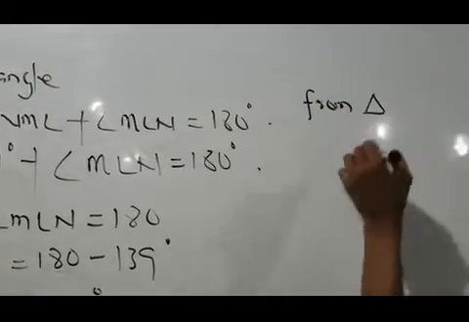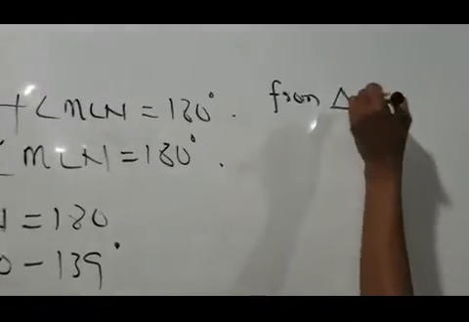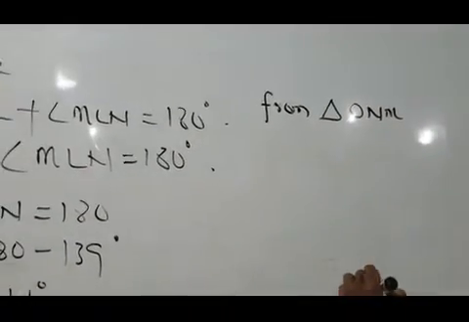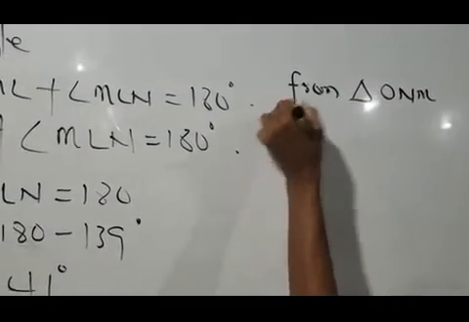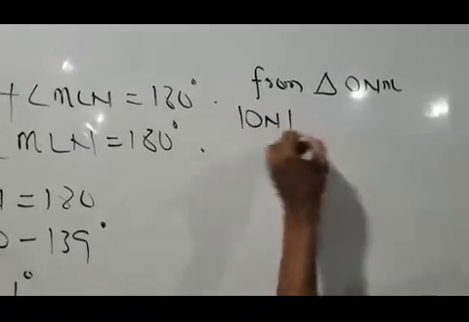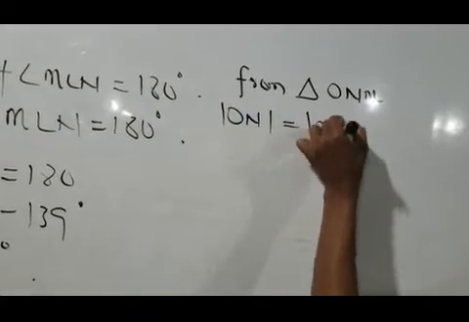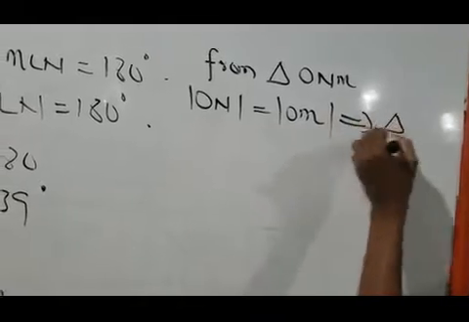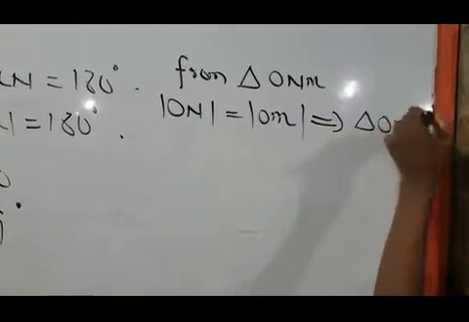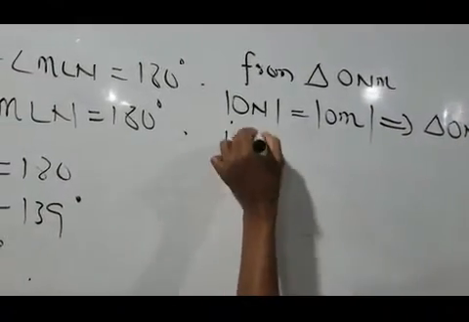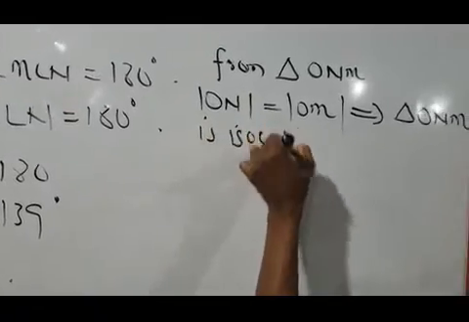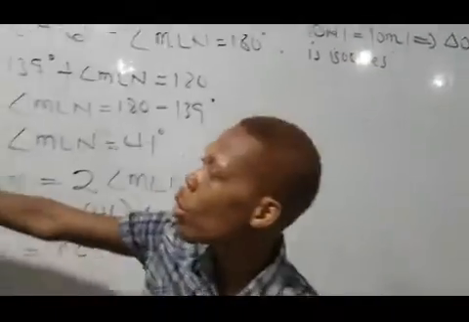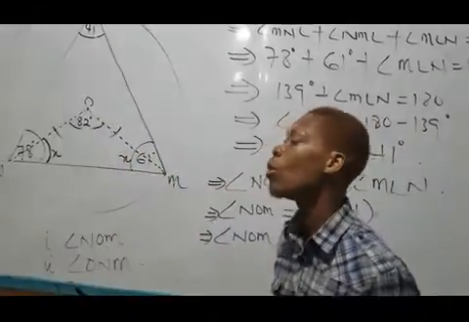From triangle ONM, we know that line ON is equal to line OM. So this implies the triangle ONM is isosceles, which we've already done over there. It is isosceles because the two lengths are equal.